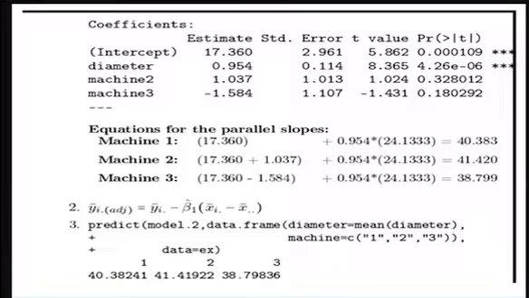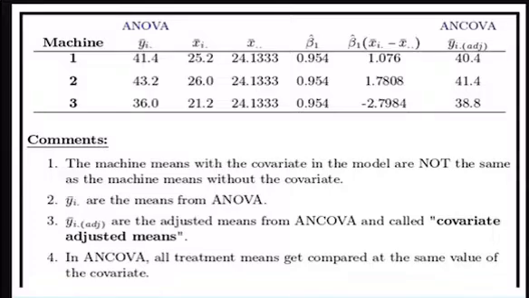I will do the same for machine 3. That is doing that manually. If I want to do that using R, I'm just going to follow that code. In the end, this is what I got. If you take a look at the first column, that is the sample means of the machine when you have not adjusted. But look at the last column, that is the adjusted means.